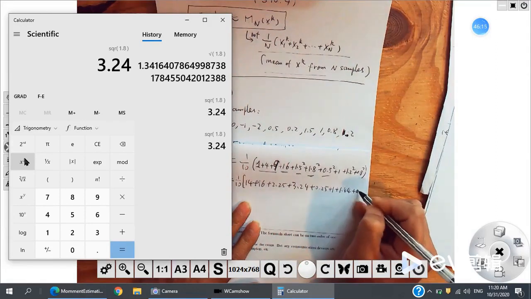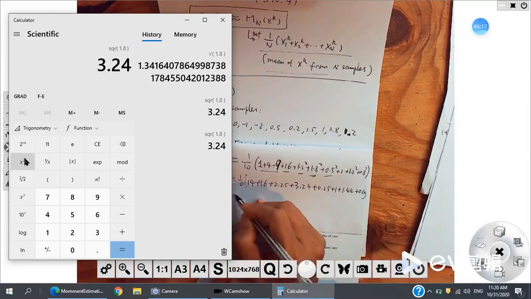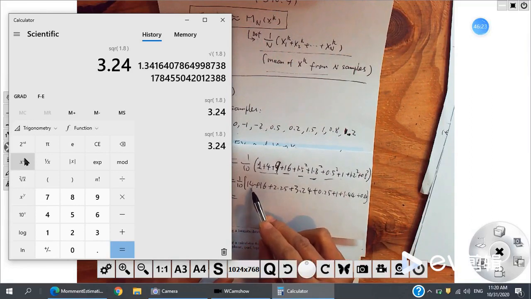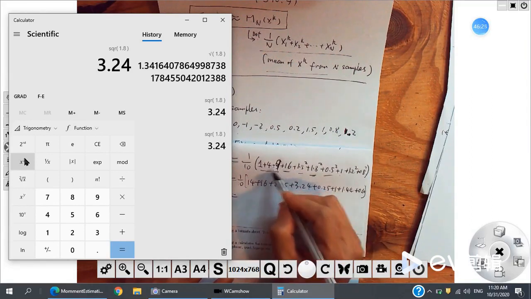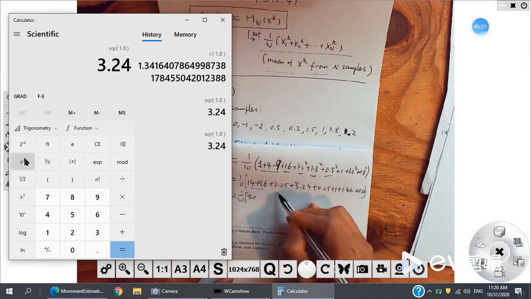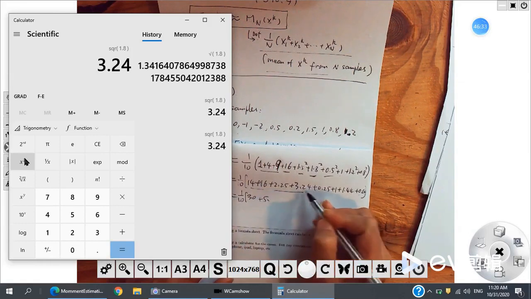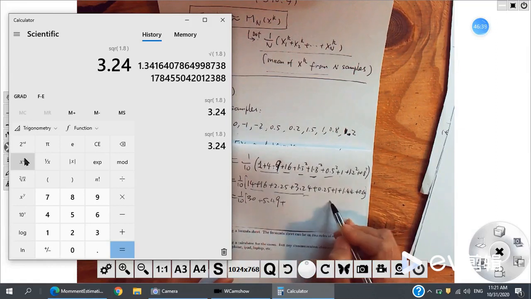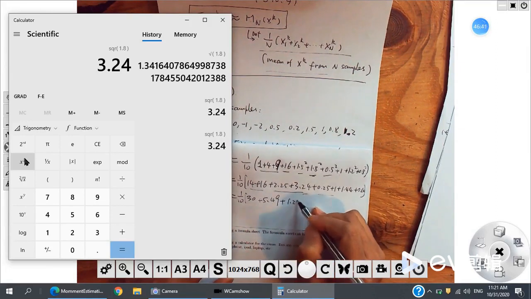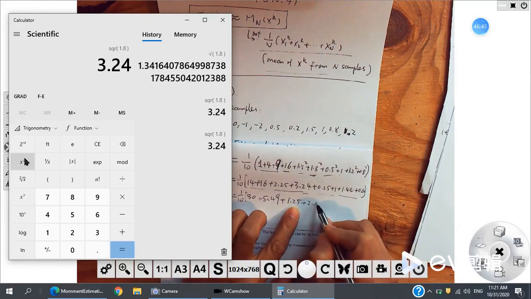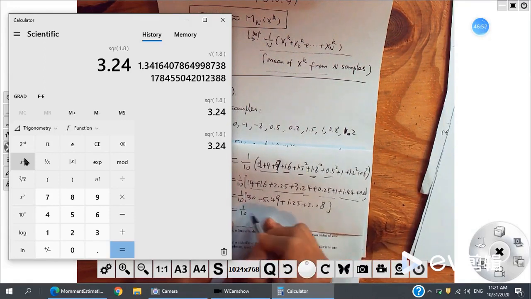And 0.8 squared is 0.64. Okay, so this is 1, 2, 3, 4, 5, 6, 7, 8. Let me combine these together. So this 2 is 30, and this 2 is 5.49, and this 2 is 1.25, and this 2 is 2.08. This is 1 over 10.